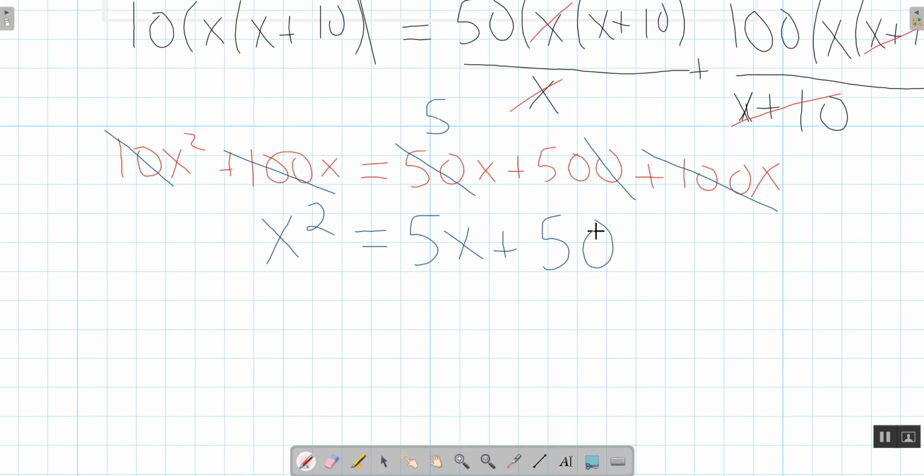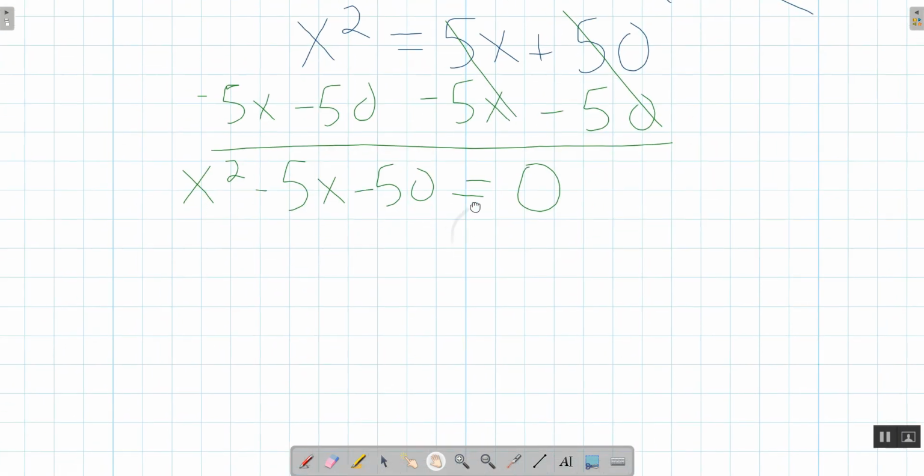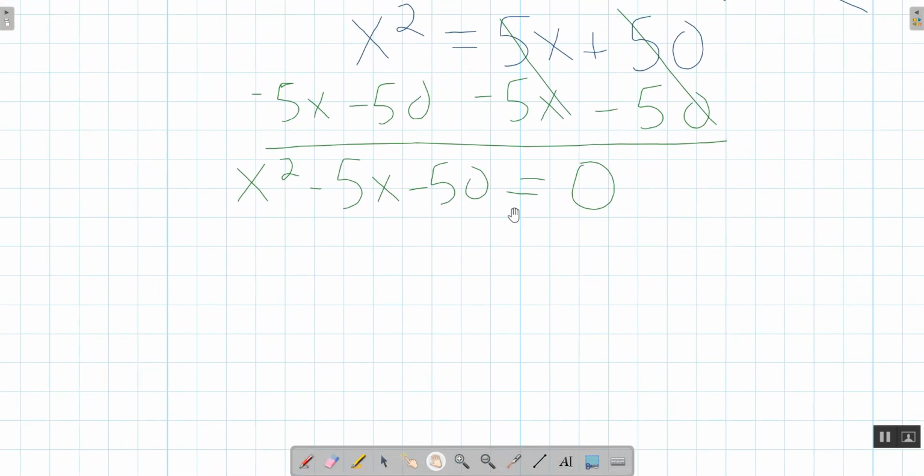And now because this is a quadratic, we're going to want to get our right side equal to 0. So cancel, cancel. That becomes 0. So we have x squared minus 5x minus 50. And now we have quadratic factoring.